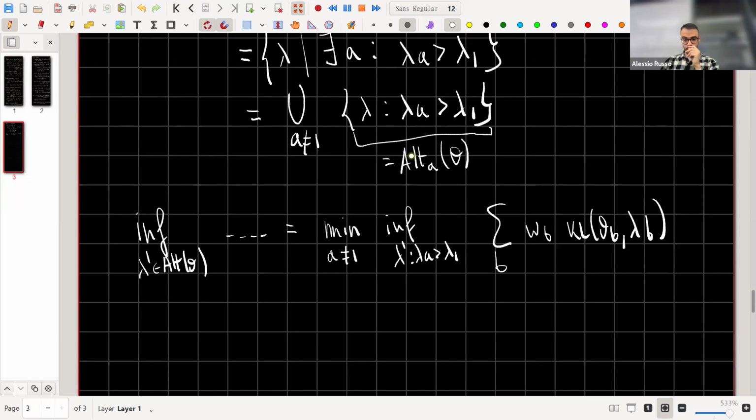The next step is to observe that the infimum over a set is always equal to the infimum over the closure of that set. Here we have an open set, but because of this property, we can write the infimum over lambda prime such that lambda A is bigger than or equal to lambda 1.